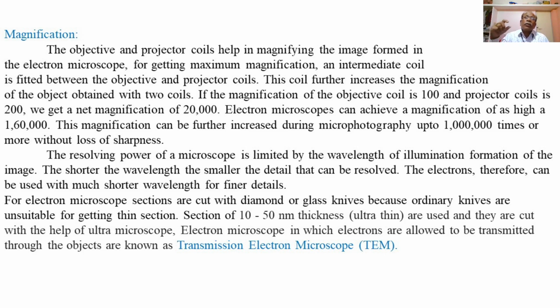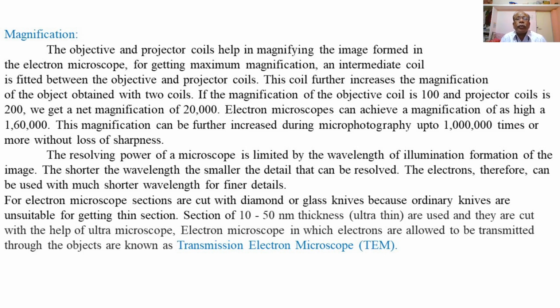Very small molecular components of biological materials can also be observed under the electron microscope. So, electron microscopes can achieve a magnification of about 1,60,000, which can be further increased during microphotography up to 10 lakh times or more without loss of sharpness.